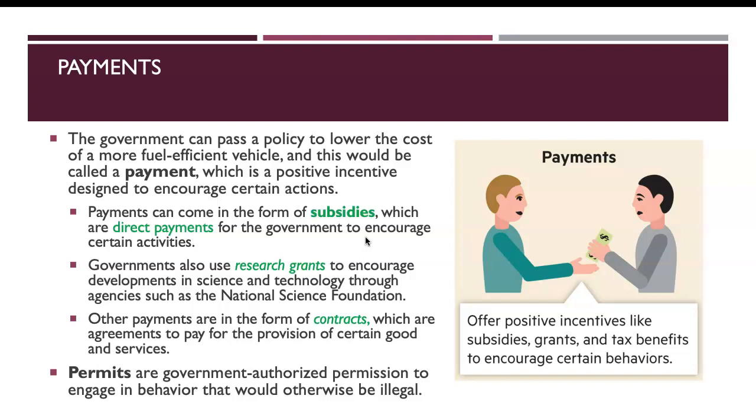For example, the government pays tax reductions or tax credits to people, or just makes a payment to people willing to install solar panels.